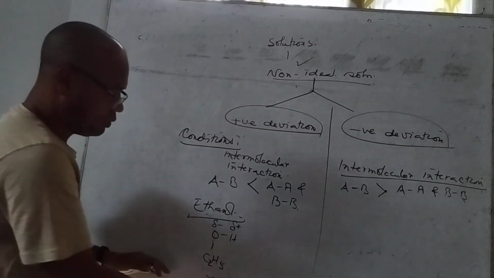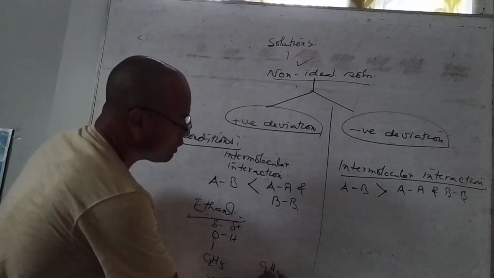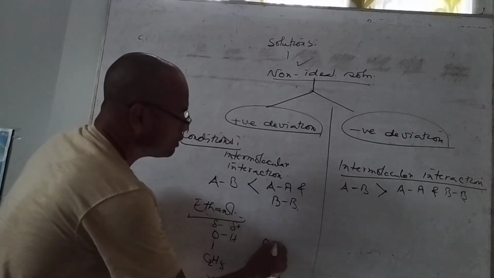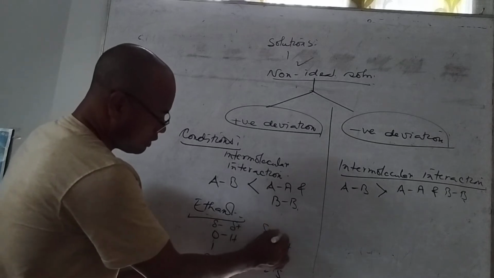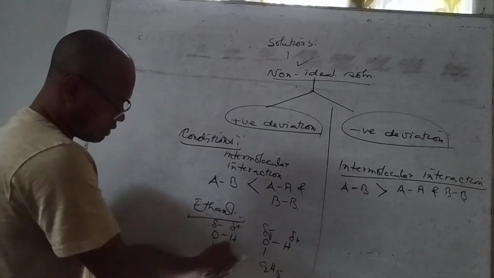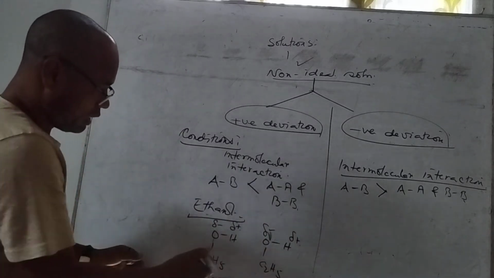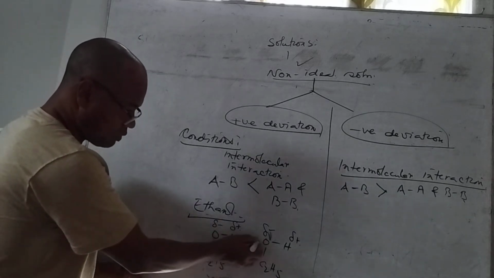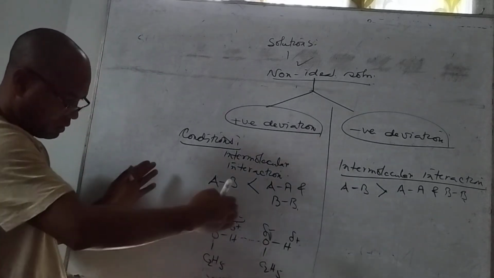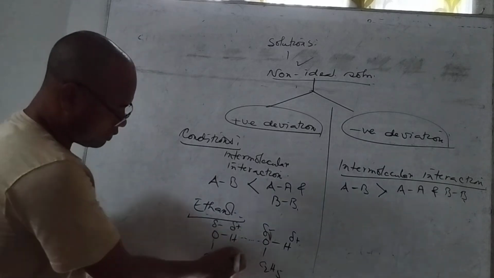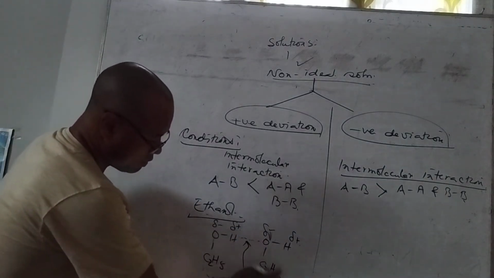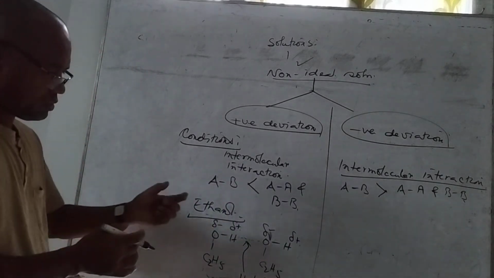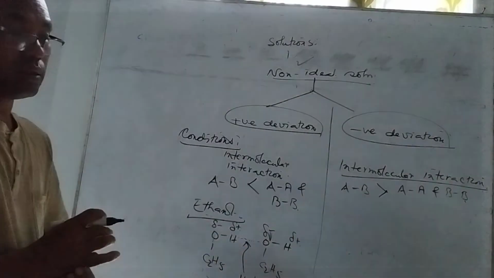So this hydrogen and this oxygen of different molecules can interact with each other and form a bond. This type of bond we call the hydrogen bond. This is a strong bond in ethyl alcohol.